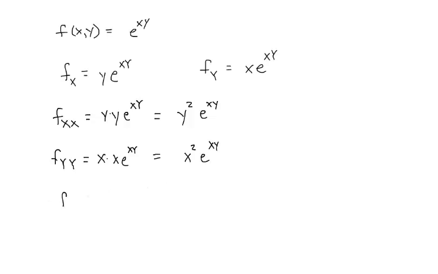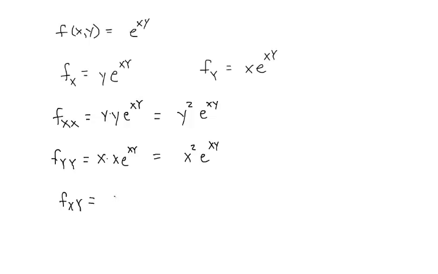And then when we do the partial of f of x with respect to y, this is a little different now because y is now the variable we're taking the derivative with respect to, and it's not considered a constant anymore. So we have the product rule.